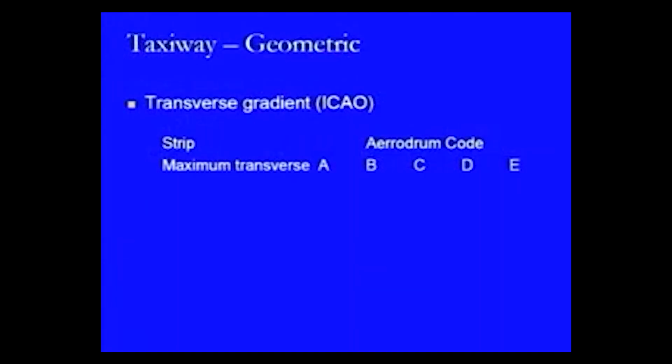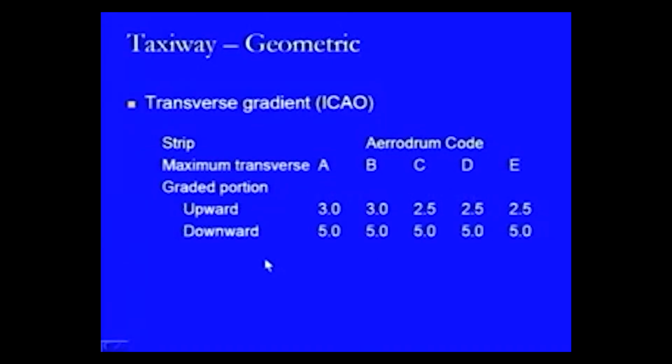Now further, there are values defined by ICAO for the maximum transverse gradient for the various airport codes ranging from A to E. In this case, if the graded portion is in the upward direction, then the values range from 3% to 2.5% starting from A to E. If it is in the downward direction, then it is provided in a constant form at a rate of 5%.